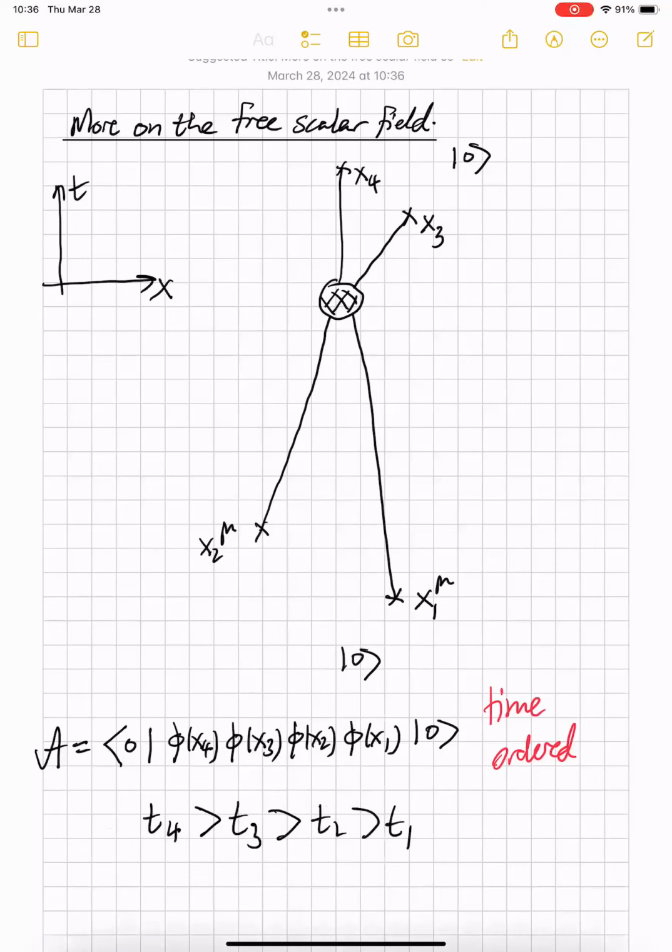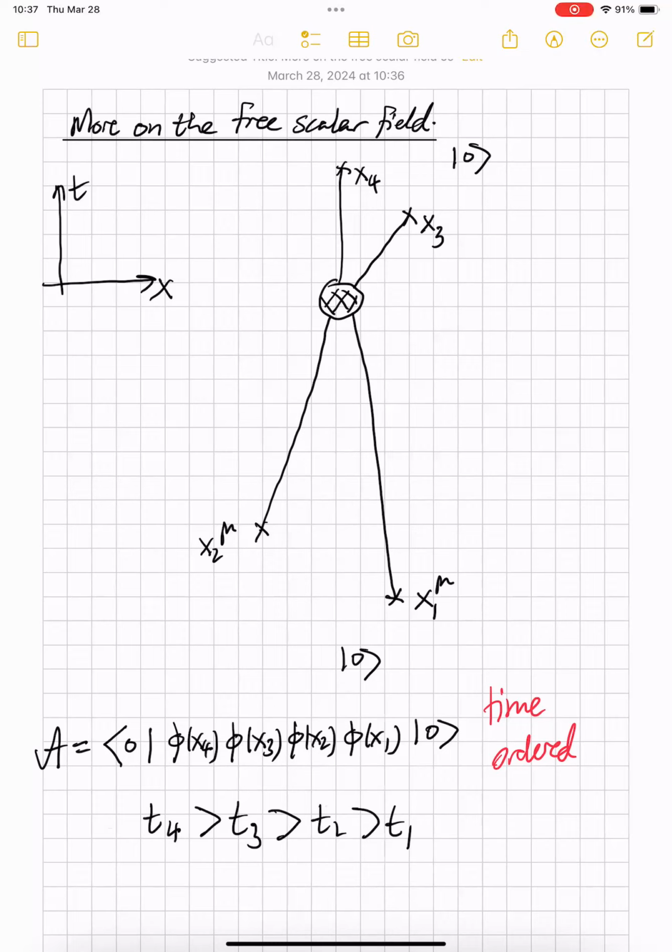Well, we like to do the earliest stuff first. So the earliest operators act on the vacuum, and the operators that come last, the latest operators, act on the state that's already been produced. And that's why we put latest leftmost. Okay, so this is really the explanation of why the time-ordered notation is the physical one.